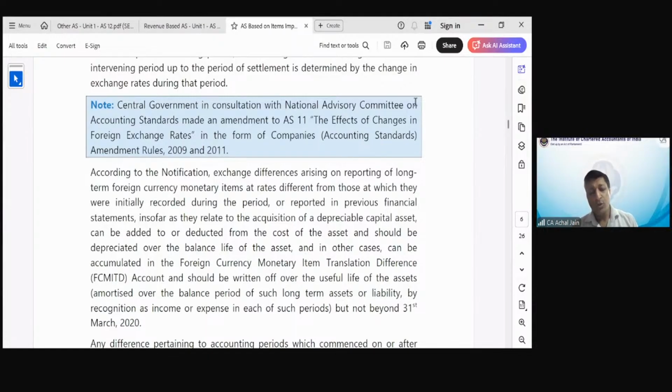Because in 22-23, the company has recorded the expense, correct? Yes, sir. At the same time, the NBFC would also have recorded that as income.